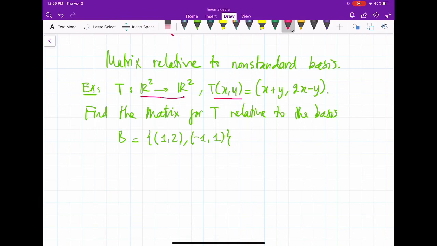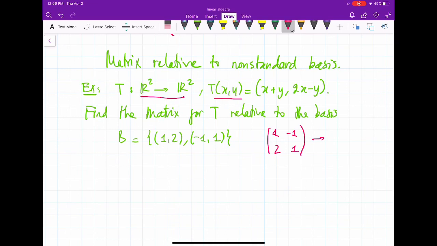They ask us to find the matrix for T relative to the basis B. It's obvious that B is a basis for R2. Why? Because the matrix with columns (1, 2) and (negative 1, 1) is invertible. This matrix has a non-zero determinant, right? So B is a basis for R2.